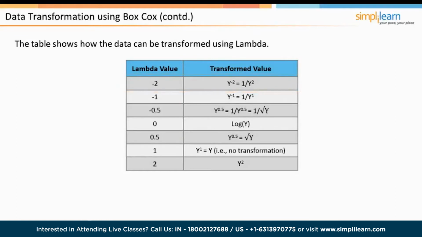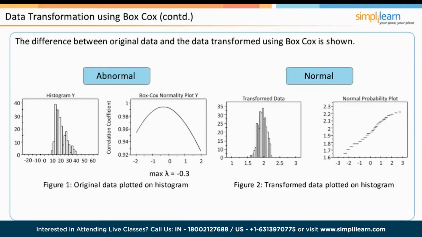Similarly, if the value of lambda is -1 after transformation, it becomes y to the power of -1, which is 1 divided by y, and so on. Note that you will use a different formula when you have the value of lambda as 0, wherein you will take natural log of the value y. Similarly, transform values are also shown on the screen. Click the Example button to know more.